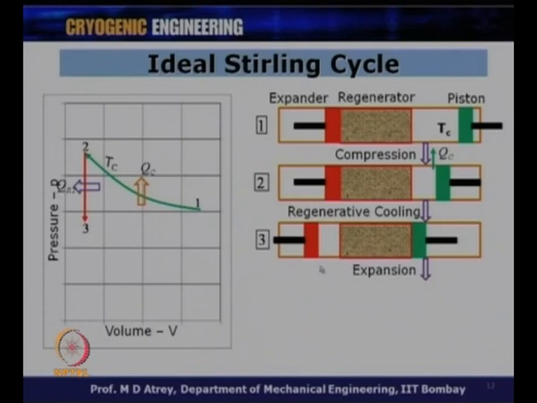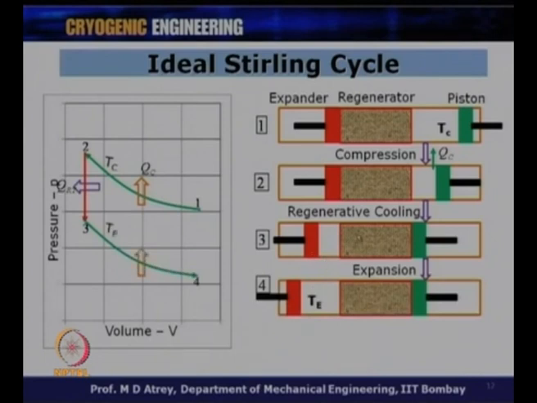Further, the gas is now in the regenerator as well as in the expander. This gas will now be expanded. And how will it be expanded? The expander piston has to move back. As soon as the expander piston moves back from this position and comes down over here, the gas will get expanded from process 3 to 4, and because the process is isothermal, we will have QE as a cooling effect realized during this process.